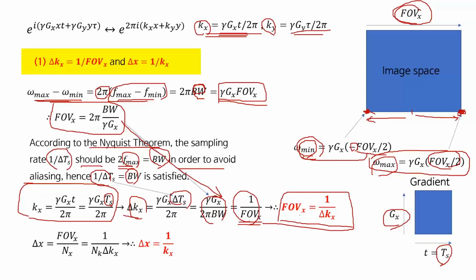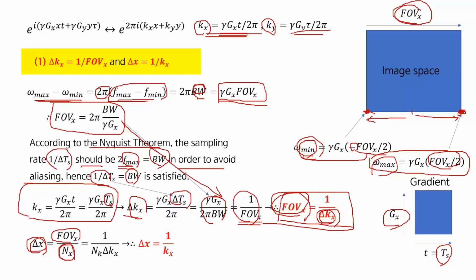FOVX is the size of the image along the x direction, and delta kx is the pixel size in k-space along the x-axis. In real space, image space, the pixel size delta x is given by FOVX divided by nx.